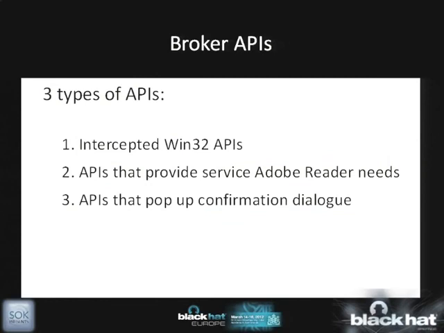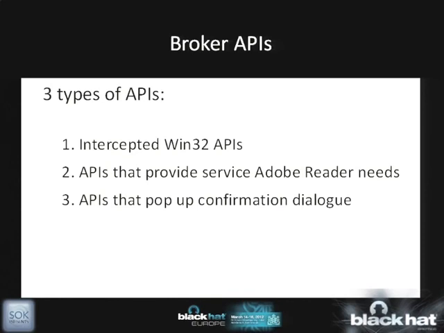Now, I was speaking about broker APIs earlier. I briefly mentioned intercepted Win32 APIs as an example. CreateFile is a Win32 API that is intercepted, hooked. You don't have only these APIs in the broker. As a matter of fact, you have three types of APIs.